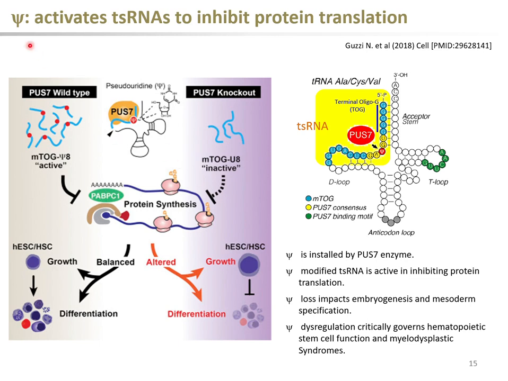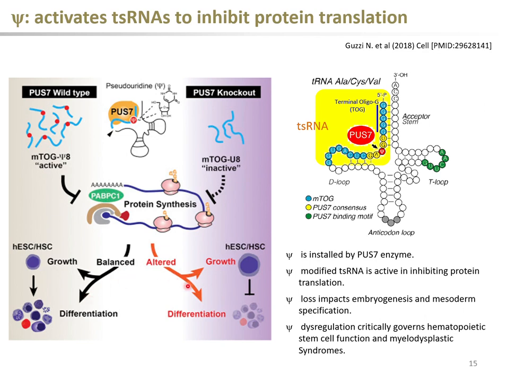Pseudouridine is the most common modification of small RNAs and is abundant in tRNAs and tsRNAs. Pseudouridine is installed by pseudouridine synthase 7 (PUS7) enzyme. Pseudouridine-modified tsRNA with the 5' terminal oligoguanosine (mTOG) is very potent in suppressing protein translation, whereas unmodified tsRNAs have no such activity in the PUS7 knockout cells.